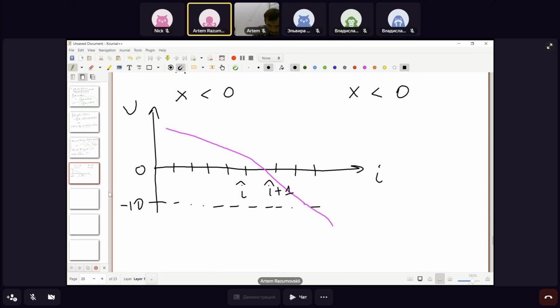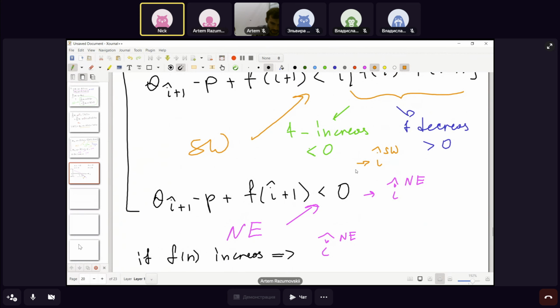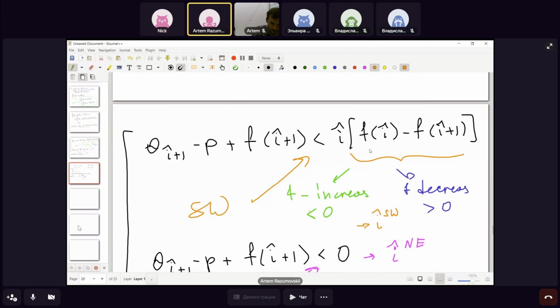Because right now you compare here, so that this I hat. Are you now describing social welfare with increasing f or decreasing? Yes, my function is decreasing, the social one.